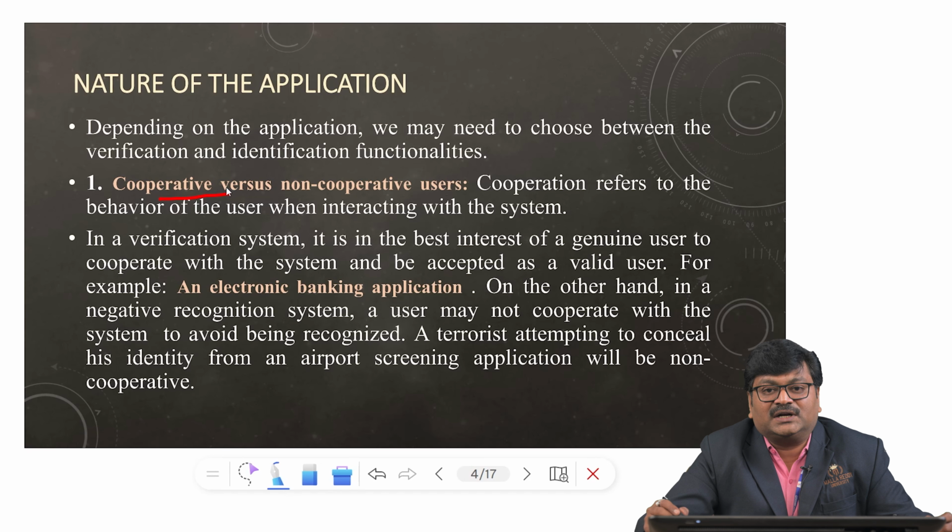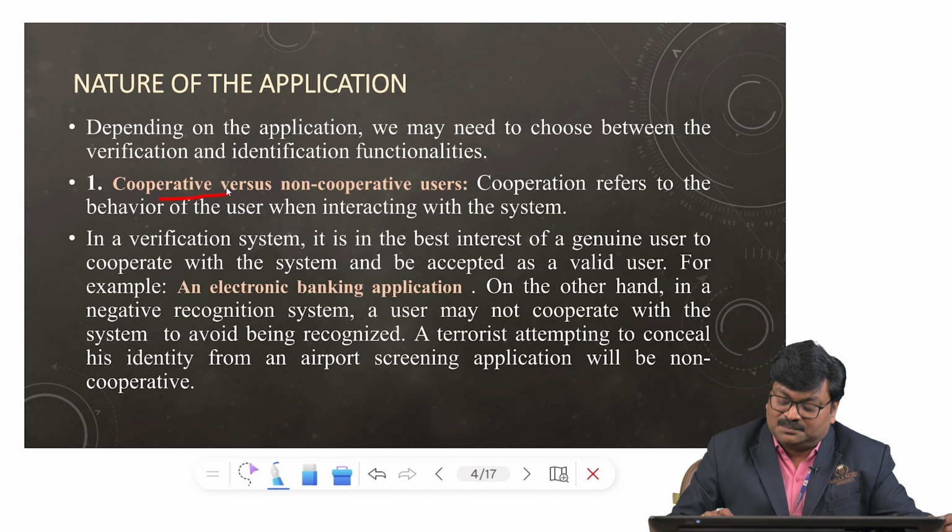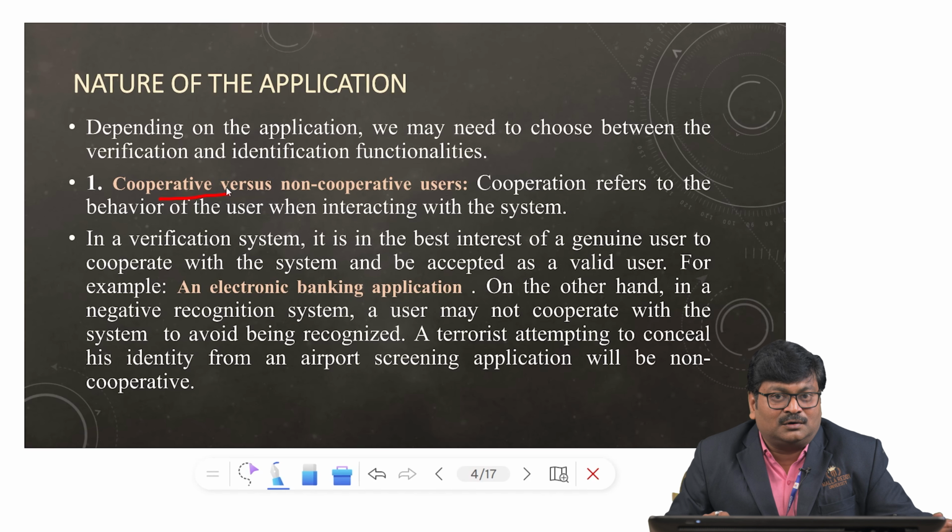Moreover, the application also checks whether the recognition is being done for the appropriate user or not. In ATMs, you will come across this feature: if the proper PIN number is not provided, then obviously it doesn't allow you to interact with that particular system. So this is one of the best examples of cooperative and non-cooperative.